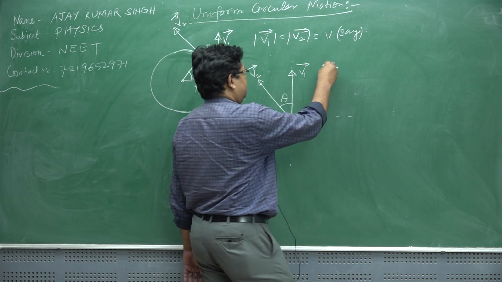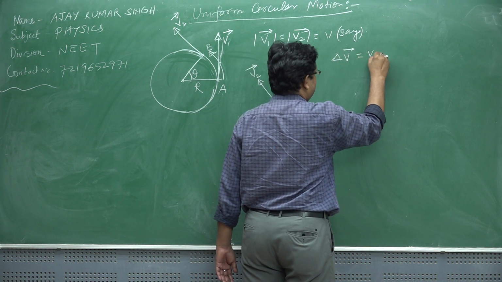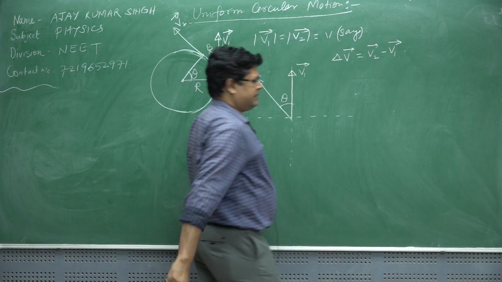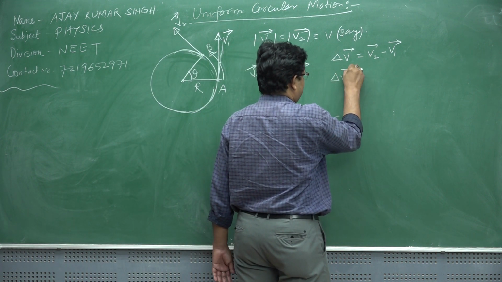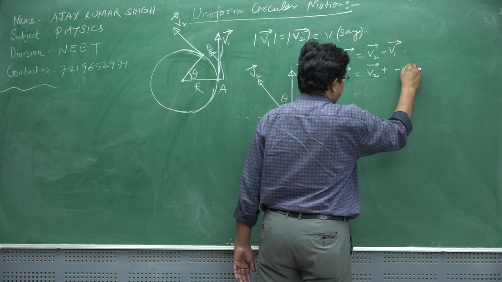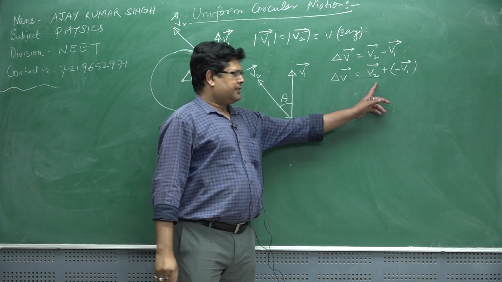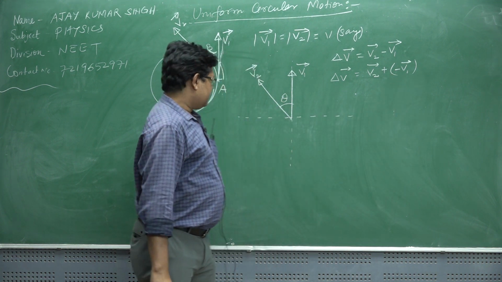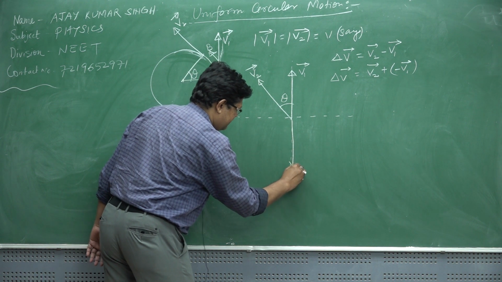Now delta V is equal to V2 minus V1, right? Or we can say delta V is equal to V2 plus minus V1. So this is the addition of two vectors, V2 and negative of V1. So V2 vector is this one and negative of V1 is this much.